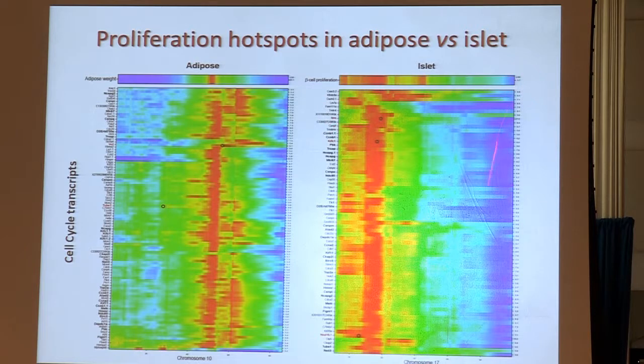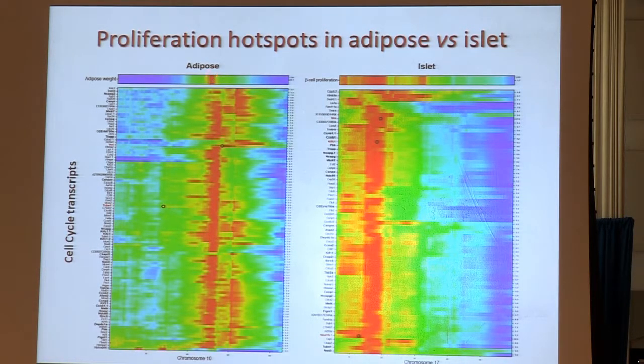But I'm looking at a heat map now, chromosome 17 here, and these are eQTLs in the islet. Chromosome 10 over here, eQTL in adipose. And so I think you can see this is a hotspot. These are the cell cycle transcripts in those modules. And you can see that they all map pretty nicely in line.